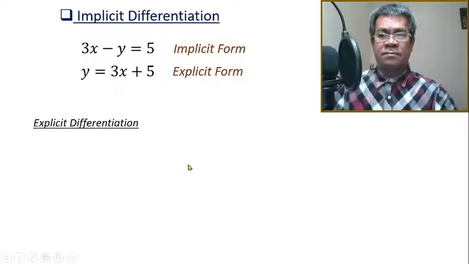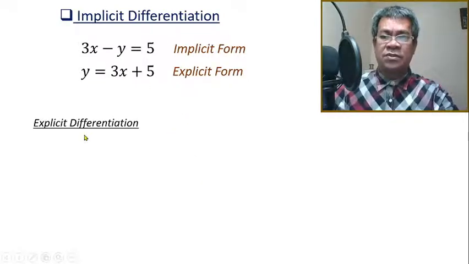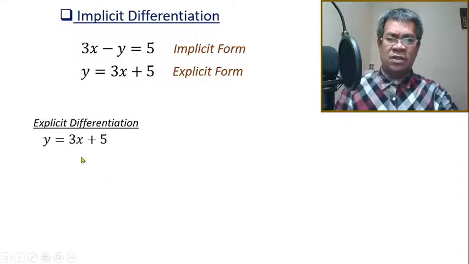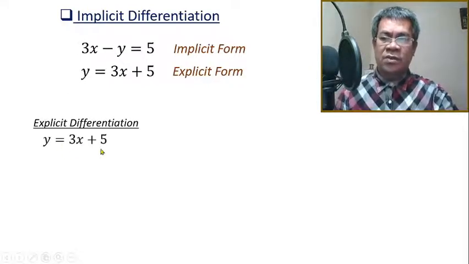Using the above equation, if we are asked to differentiate y as a function of x in explicit form, this is explicit differentiation. This is actually what we were doing in the previous videos. So y is equal to 3x, and we are looking for the derivative of that.